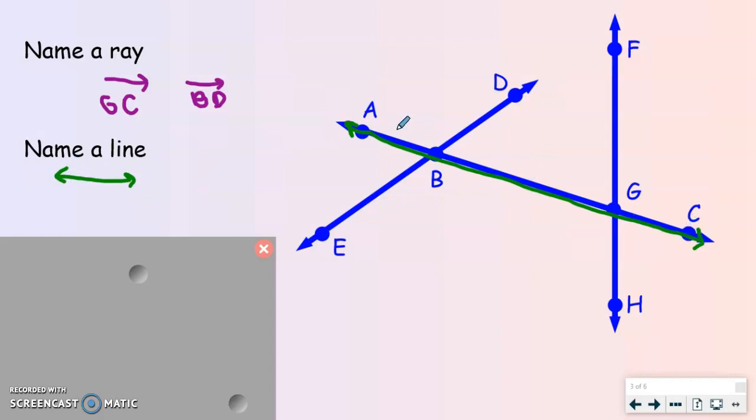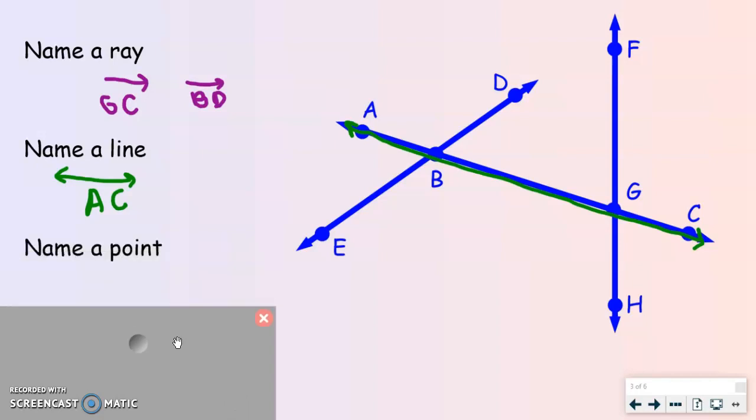When you're naming a line, you really just need to name the point at the beginning and the point at the end. If you want to, you can include the points in between, but it's not necessary. So I can just name this line AC. Okay, so this is line AC. On this figure, that's how far it extends.